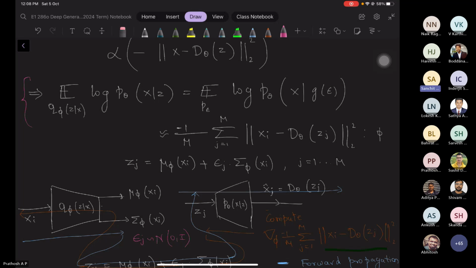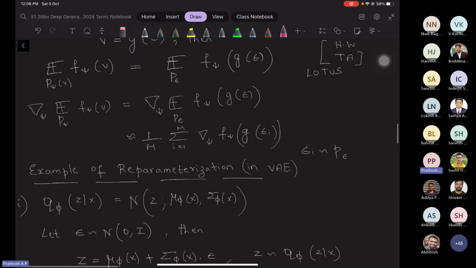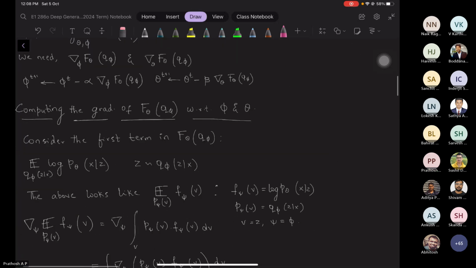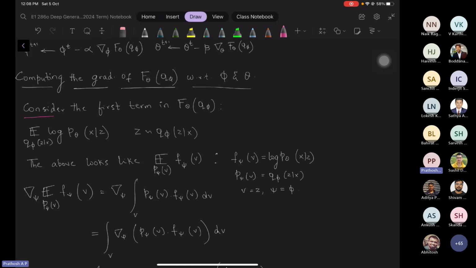So there was a second term for ELBO, right? That does not contribute here. See, one thing at a time. Look at what we are doing.